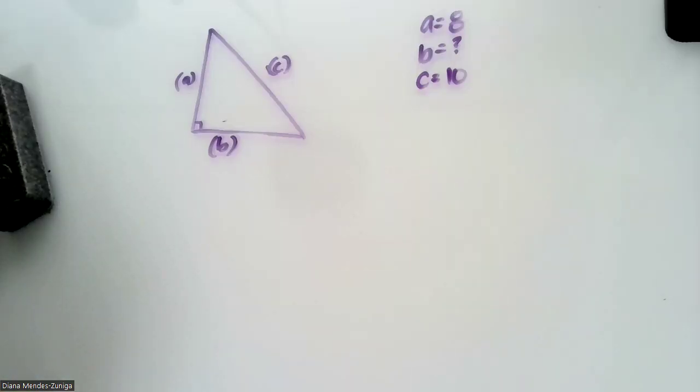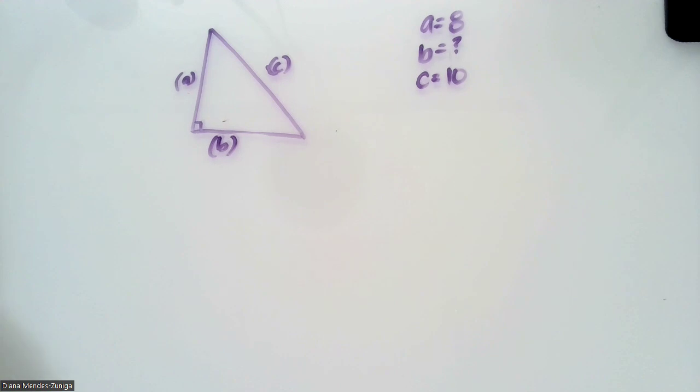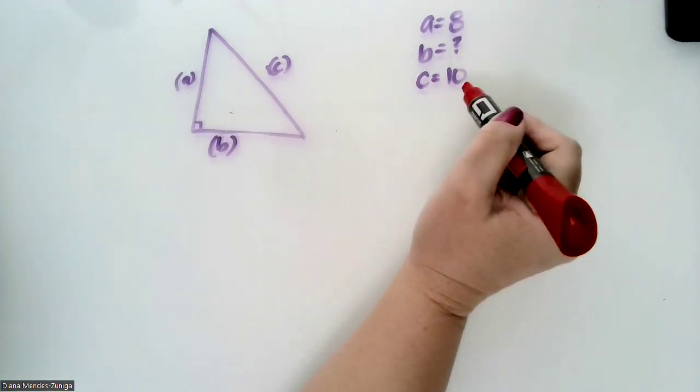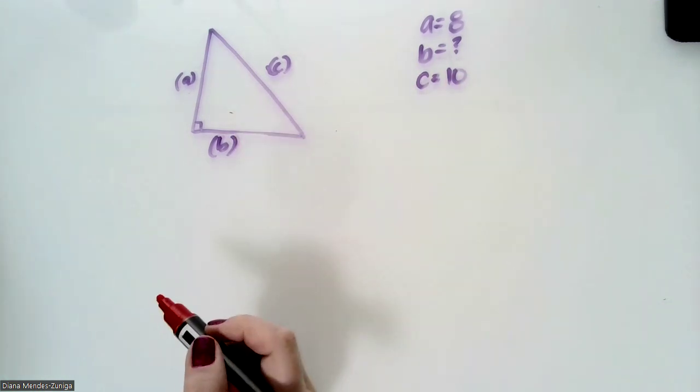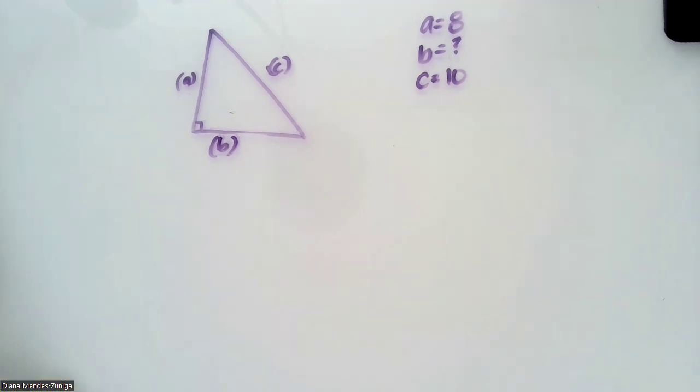Okay, so let's look at what happens when we're not missing the C value, but we're missing the A or B value. So in this one, we have the values to A and C, but we don't have the value to B. So once again, we're going to use the same formula, but we're going to change the way that we do the problem once we have the formula.